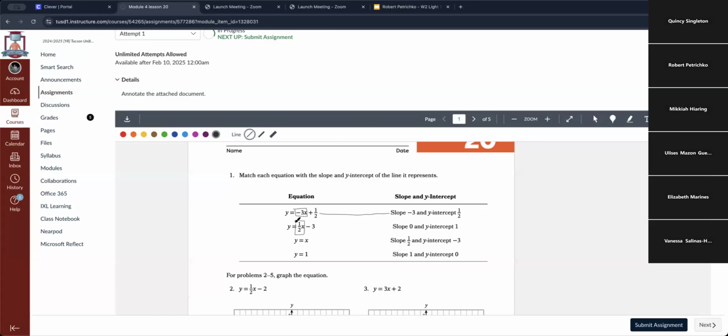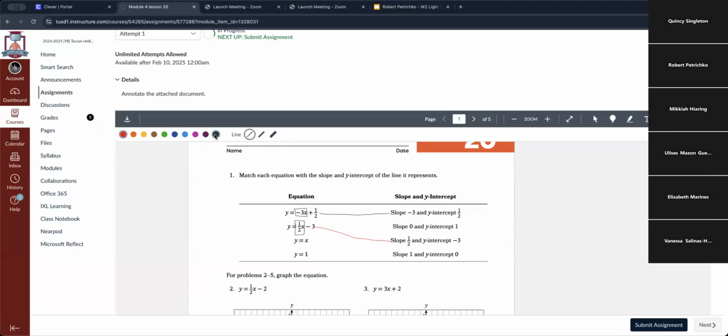So that's the slope. So that's the third one down, right? Where it says slope 1/2. See where it says slope 1/2? Right. Perfect.